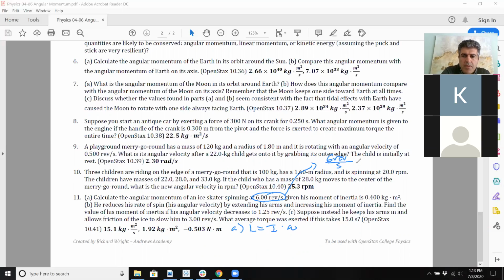So remember, 1 revolution is 2 pi rads. So that's going to be 12 pi rads per second. So you're going to do I, which of course is 0.4, times 12 pi.